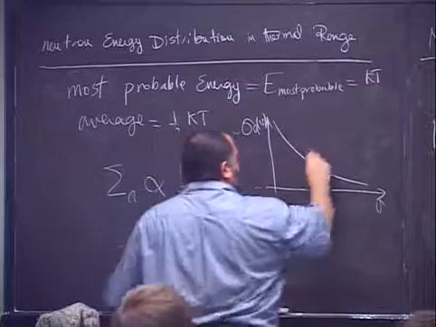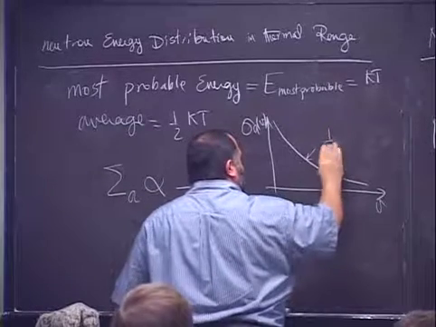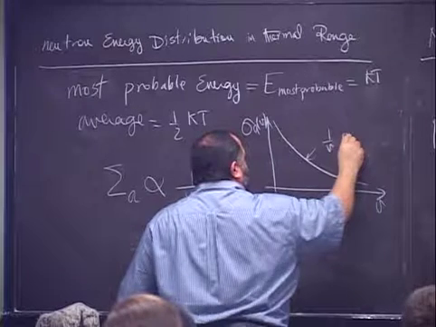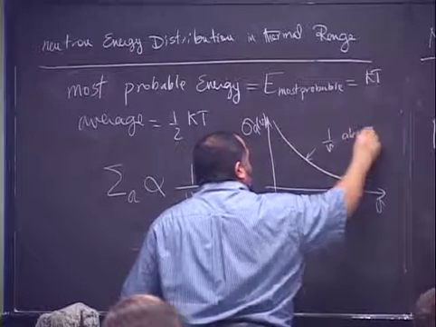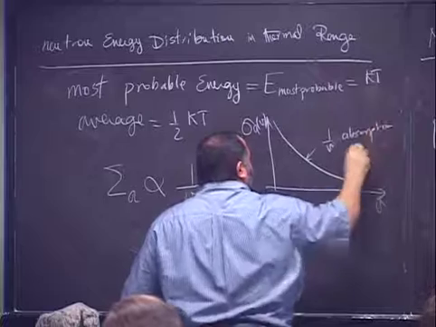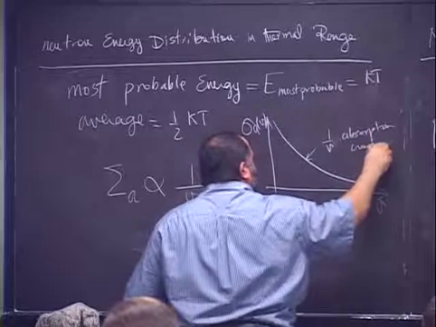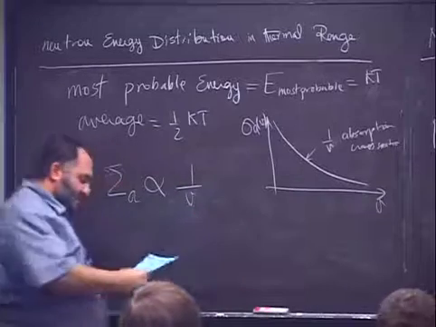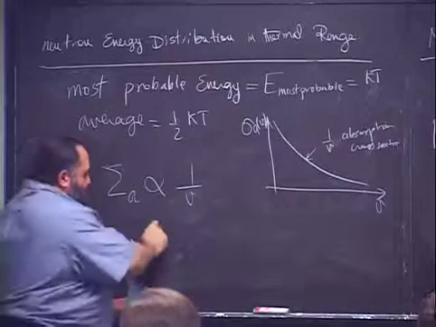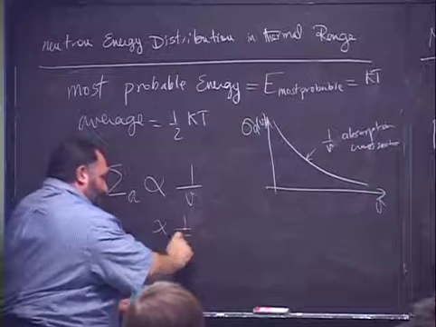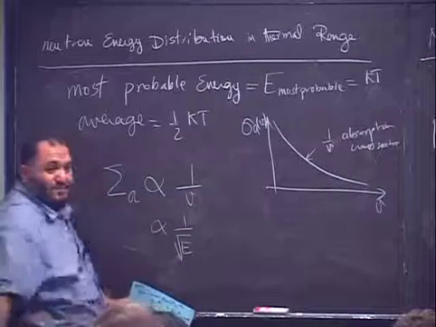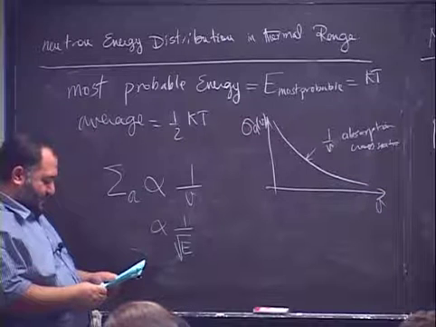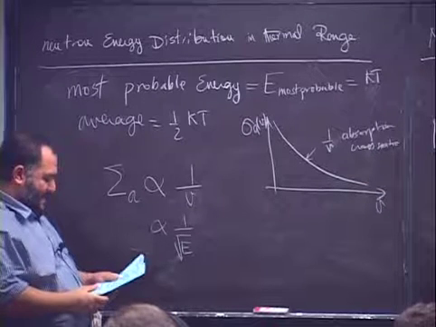And this is called the 1 over V absorption cross-section. So usually it goes like 1 over the square root of E. So what does it mean?